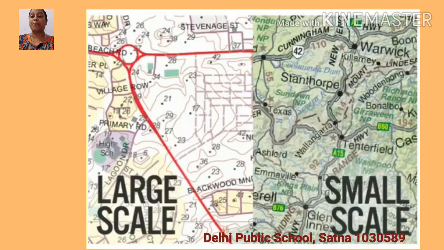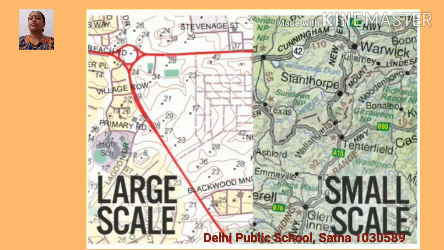Now small scale map: when a large area like countries, continents are to be shown on the paper, then we use a small scale map. For example, 5 cm on the map shows 500 kilometers on the ground.